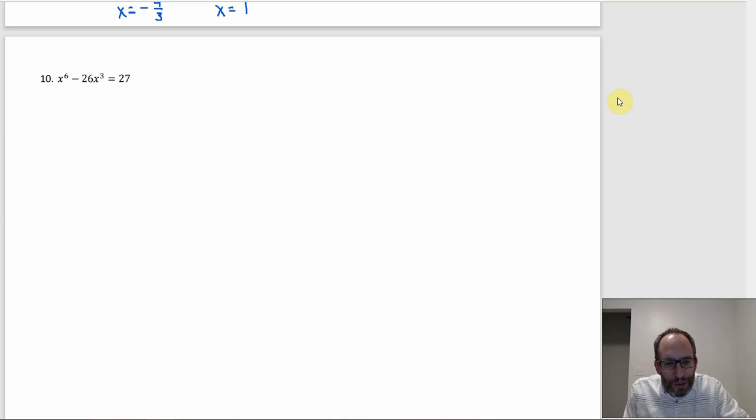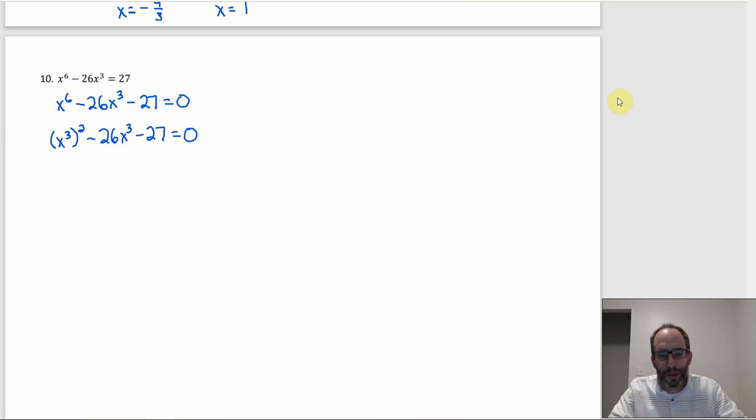So subtracting 27 from both sides, you get x to the 6th minus 26x cubed minus 27 equals 0. To make it more apparent what's getting squared, x to the 6th you could rewrite as x cubed squared, then minus 26x cubed minus 27 equals 0. And so we're going to let u equal x cubed. That seems pretty logical so far.